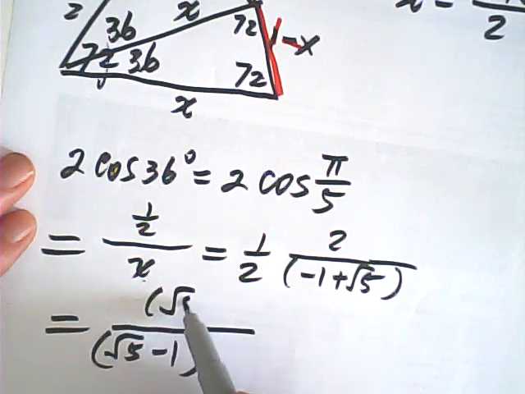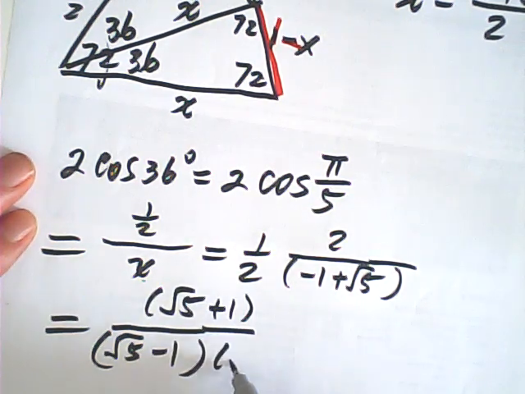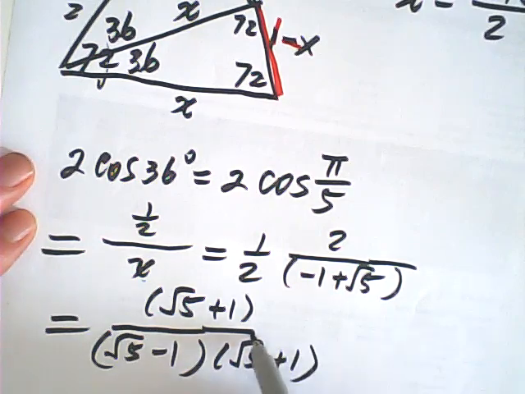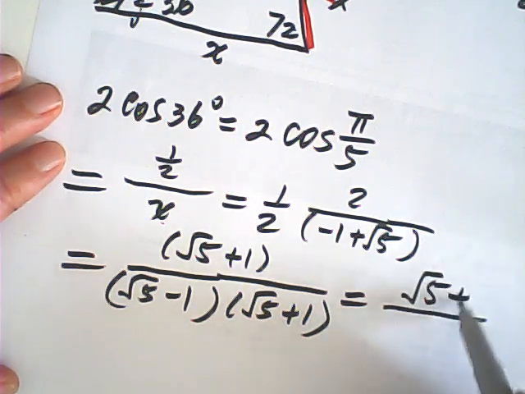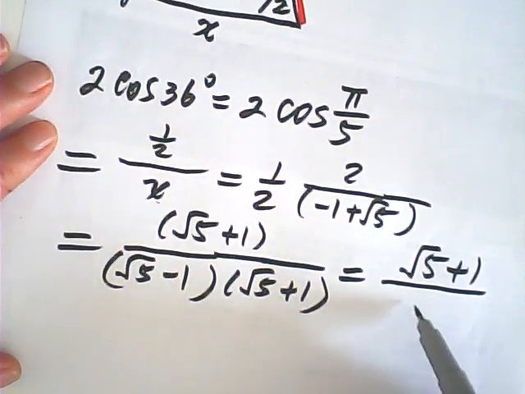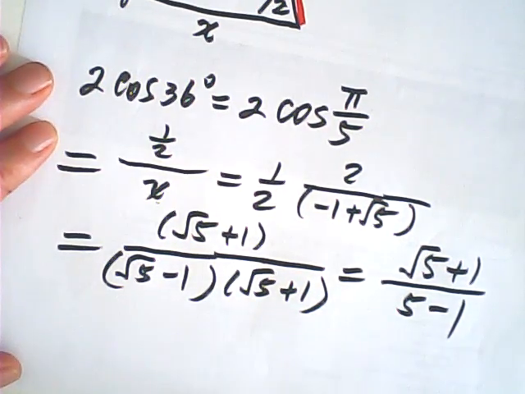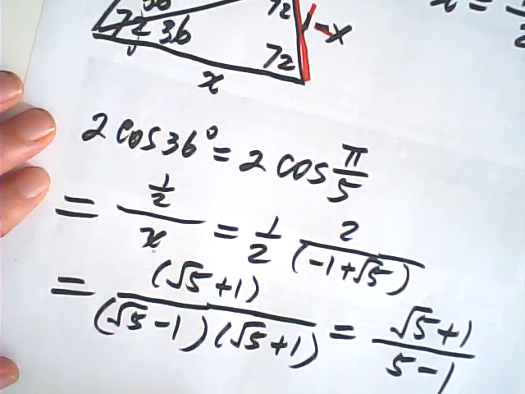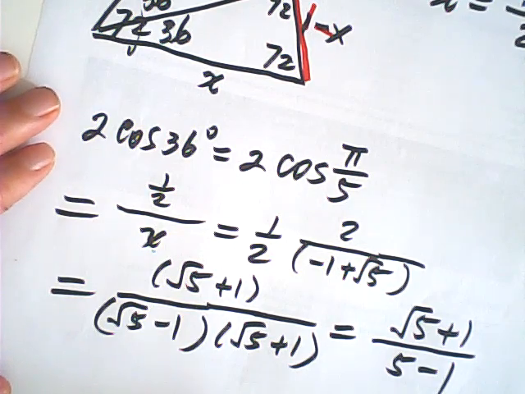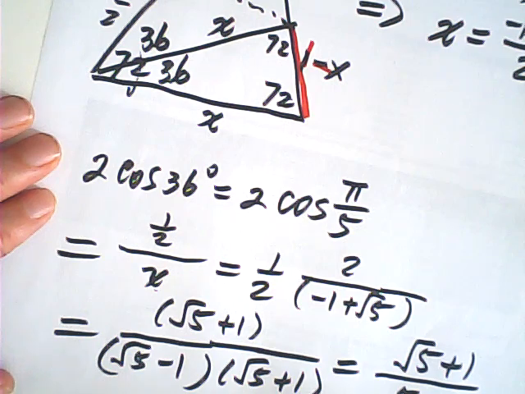I multiply root 5 plus 1, root 5 plus 1. So this will be equal to root 5 plus 1. This will be 5 minus 1, right? Wait a minute. This is 5 minus 1 is 4.